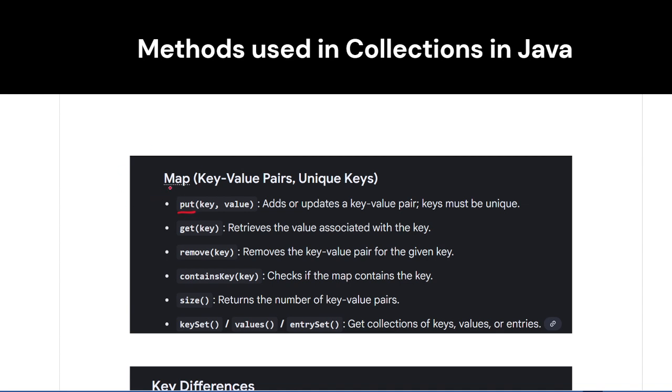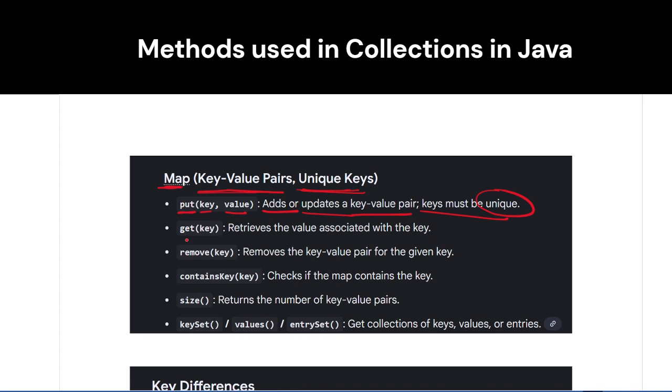A speciality about map: whenever you talk about map in Java, it's always a key value pair. Always a key value pair. And the keys here are always unique. Unique keys. So by using the put method, we add or update a key value pair, and keys must be unique.